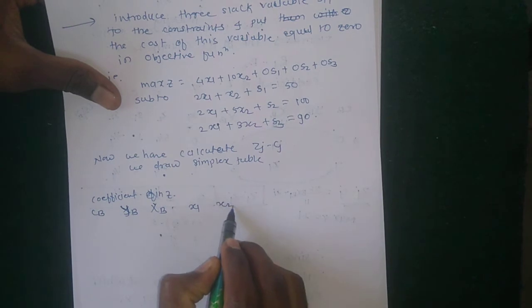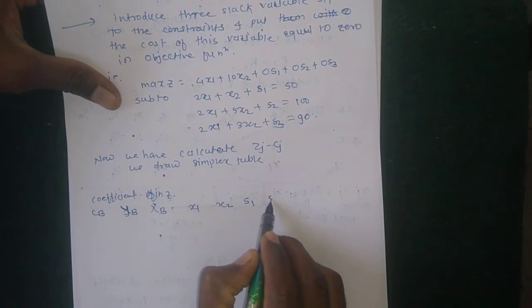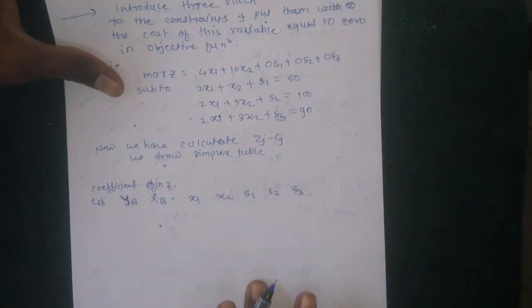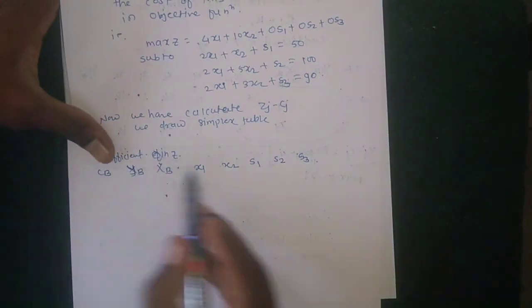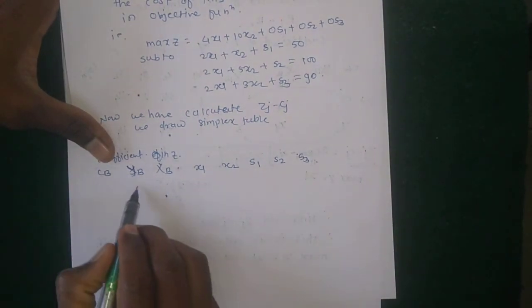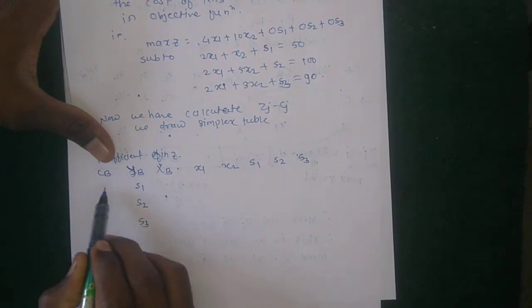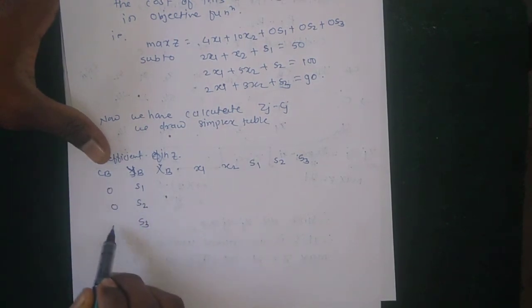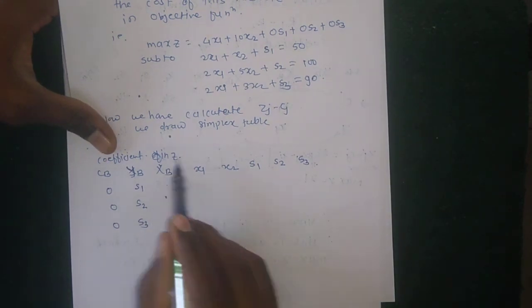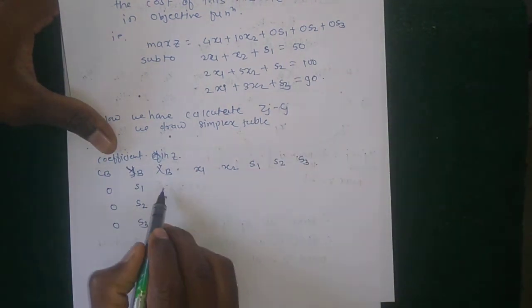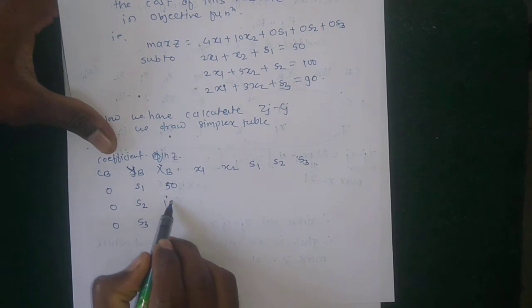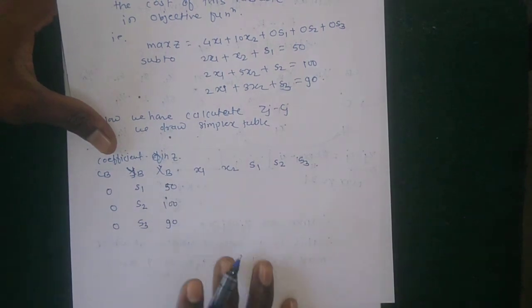First we put the slack variables s1, s2 and s3, with their coefficients 0, 0, 0. The values of XB are 50, 100 and 90.